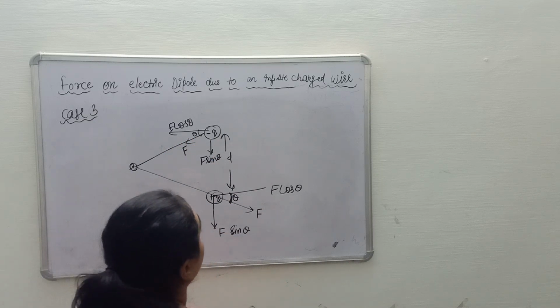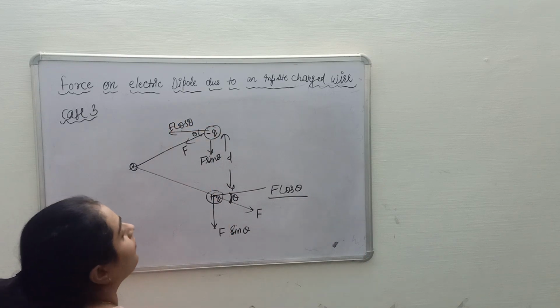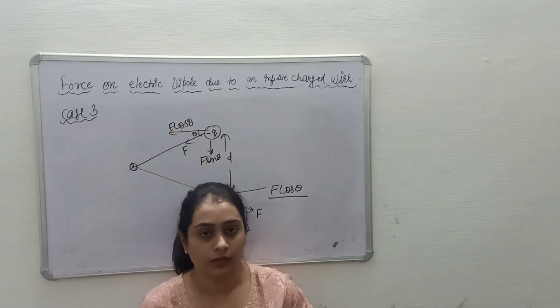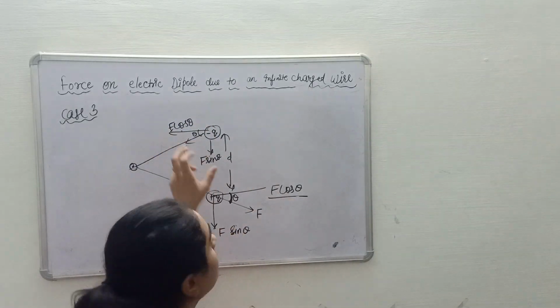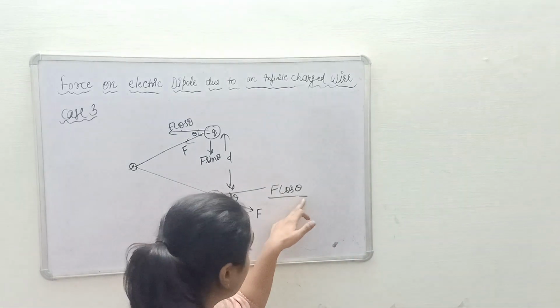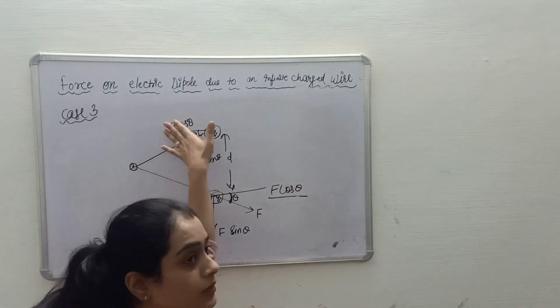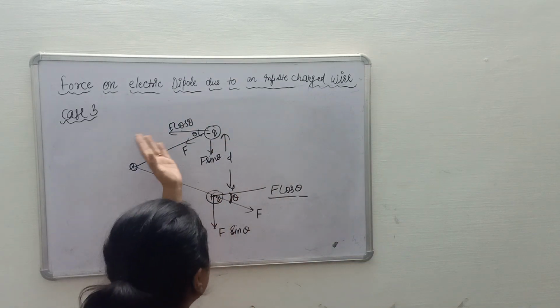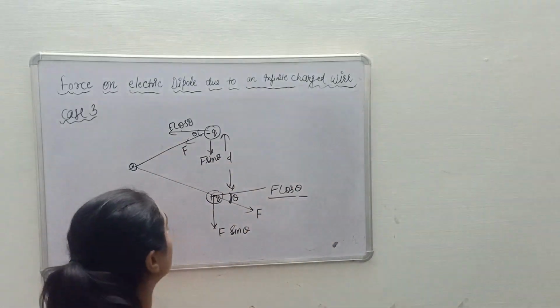Now we can see that this F cos theta and this F cos theta will be totally cancelled out. Why? Because both of the forces are the same in magnitude but different in direction. This will be directed in the positive direction, and here the direction of this force is negative. So both of the forces are equal and opposite, and these two forces will cancel out.